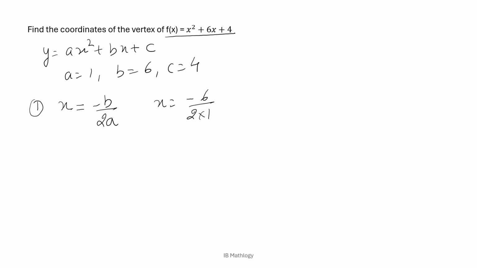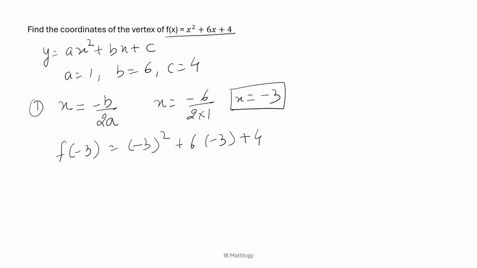So -6 divided by 2 into 1, my x coordinate is coming as -3. Now let's find the y coordinate of the vertex. For that, we have to put this value into the given function. So (-3)² + 6 × (-3) + 4, which comes to -5. So my vertex coordinates are (-3, -5).